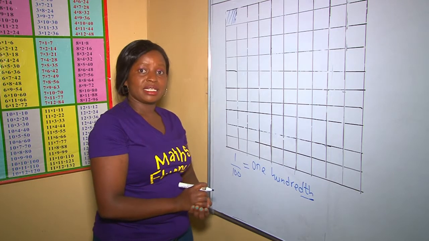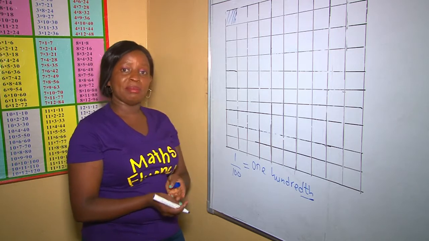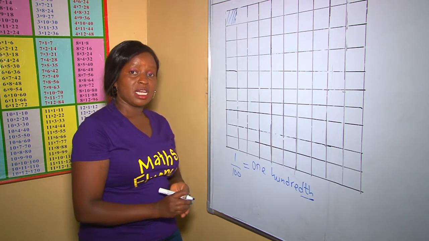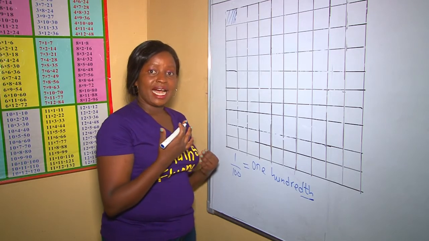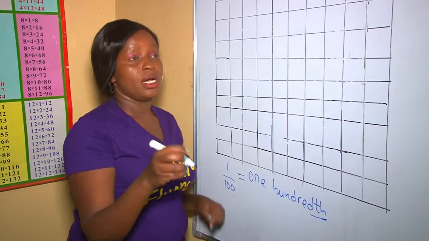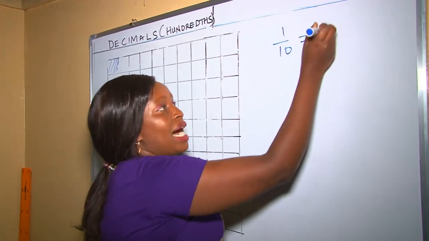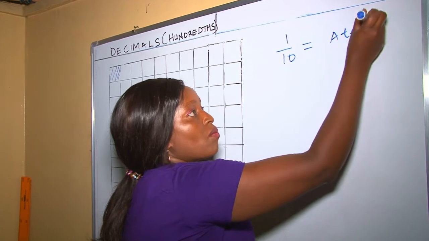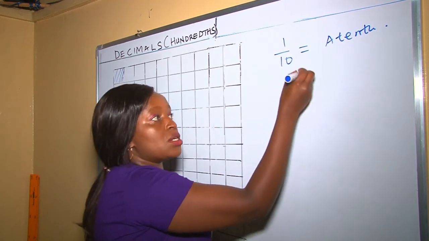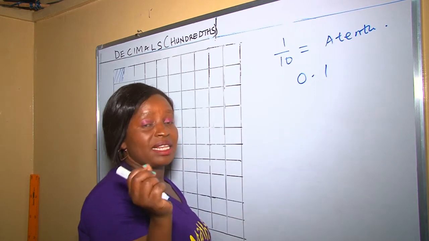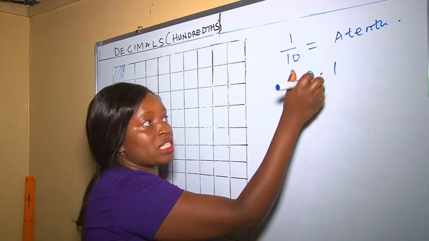This now takes us to decimal places. This one can as well be written as a decimal. In our previous lesson, when we learned about writing 1/10 as a decimal, we said that 1/10 in words is called a tenth, and as a decimal is written as 0.1.